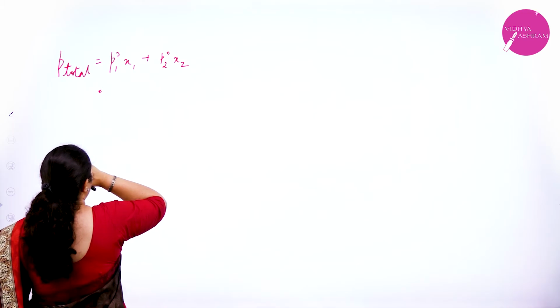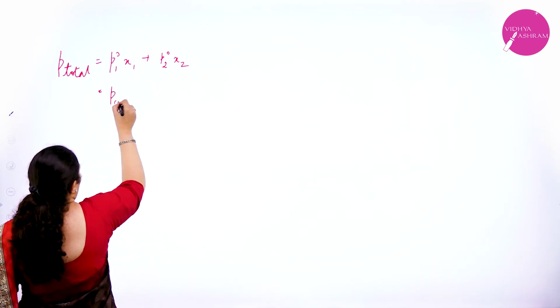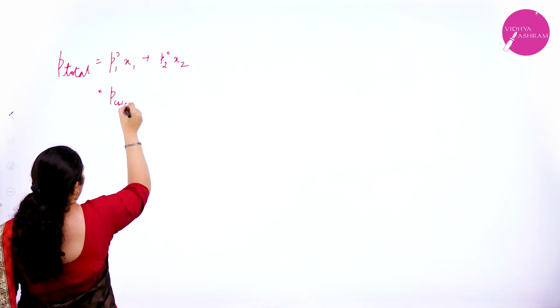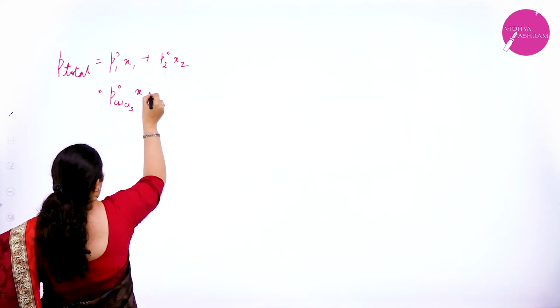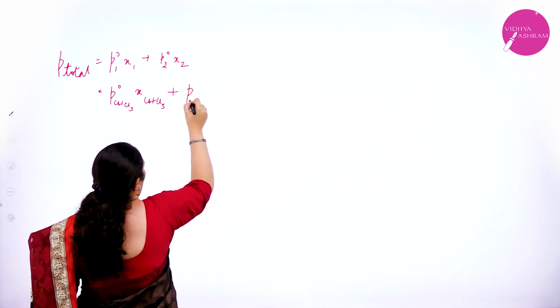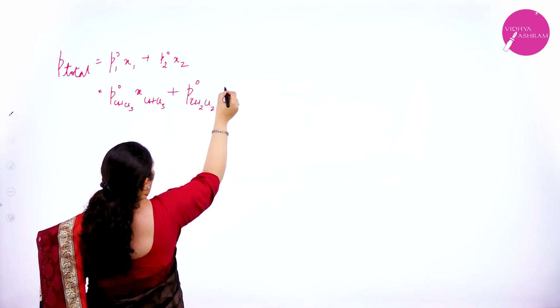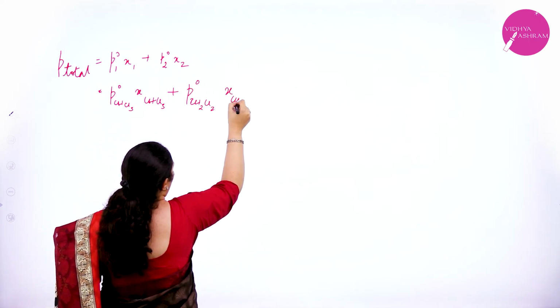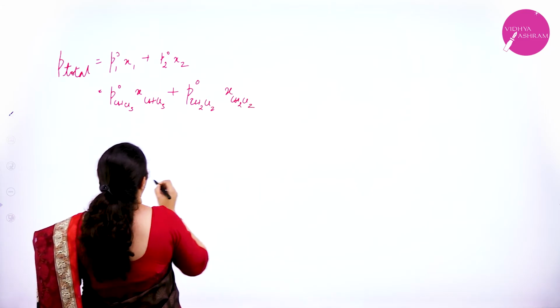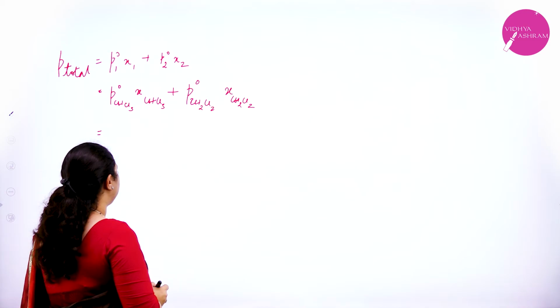Or I can write it in full, if you are getting confused: this is for chloroform CHCl3, the partial pressure of CHCl3 times the mole fraction of CHCl3, plus the partial pressure of CH2Cl2 times the mole fraction of CH2Cl2.